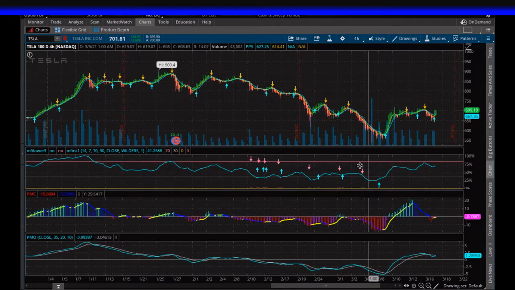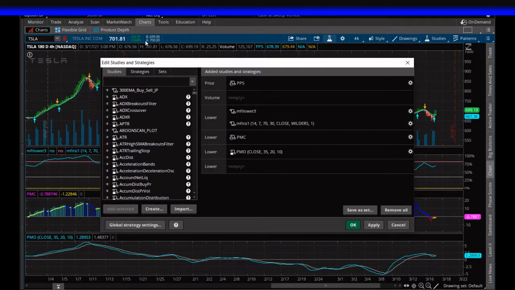Now let's take a look at another indicator. We're going to come up here and grab, now we can grab a TTM indicator, we can grab an awesome oscillator. The idea is that I want to be able to see the buying and selling action.